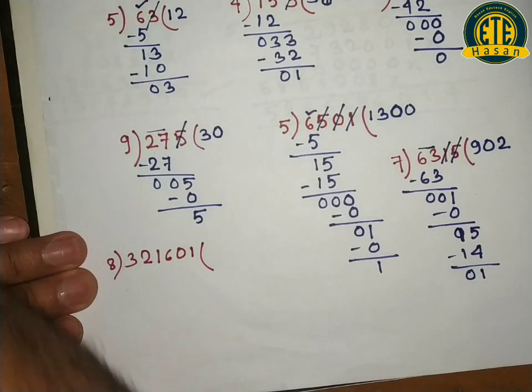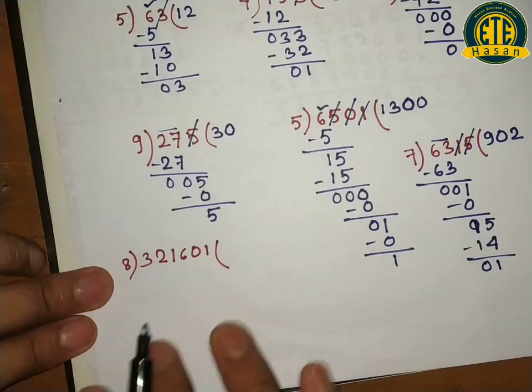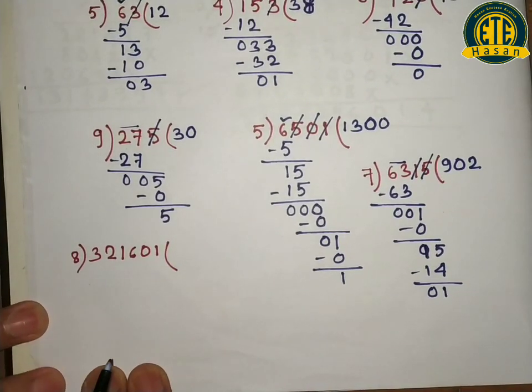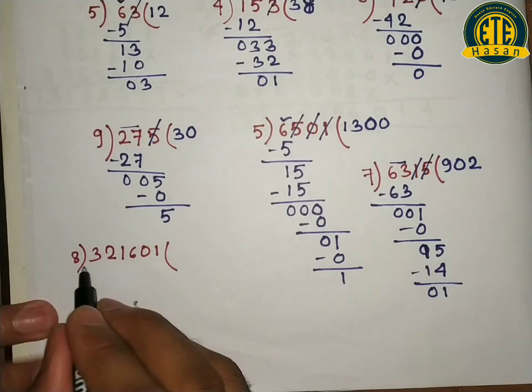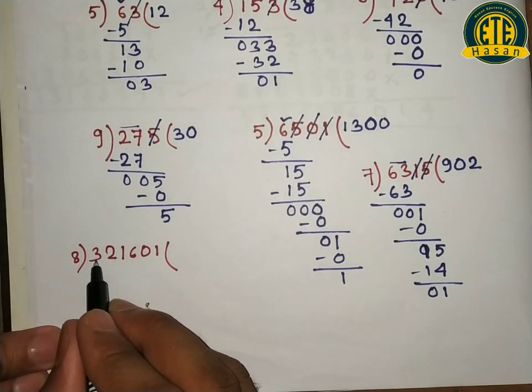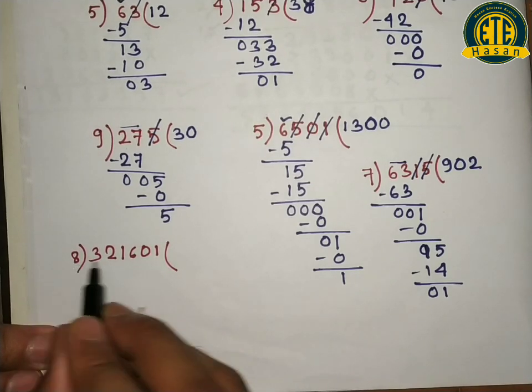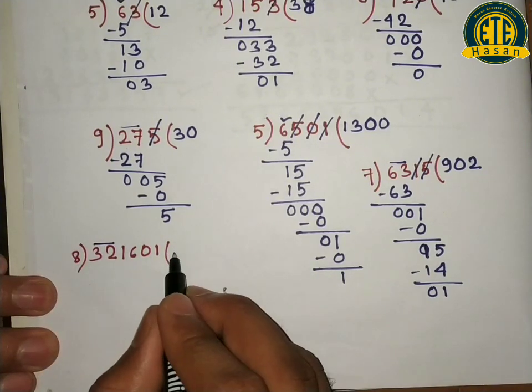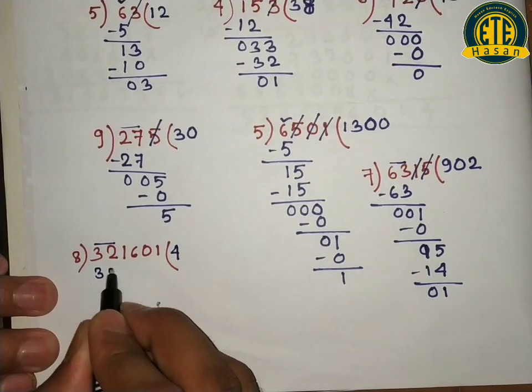This is also a good example. Is it visible? Yes. So firstly, I will take the first digit, which is below 8. So let's take two numbers, 32. 8 fours are 32.